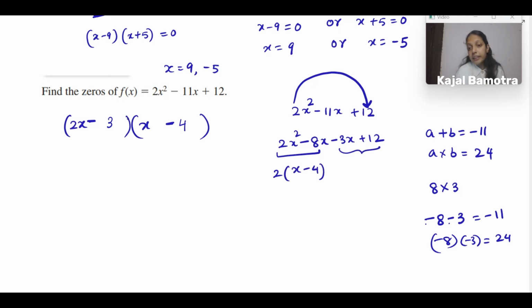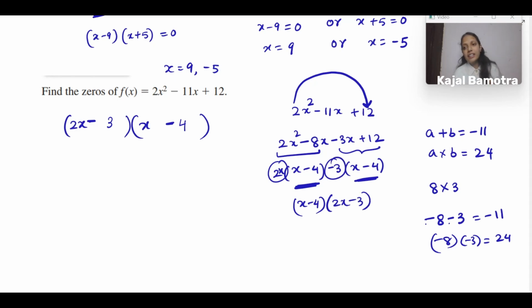From this, take negative 3 as common, x minus 4 left. Now x minus 4 common, and you are left with 2x minus 3. Done. These are the two factors.